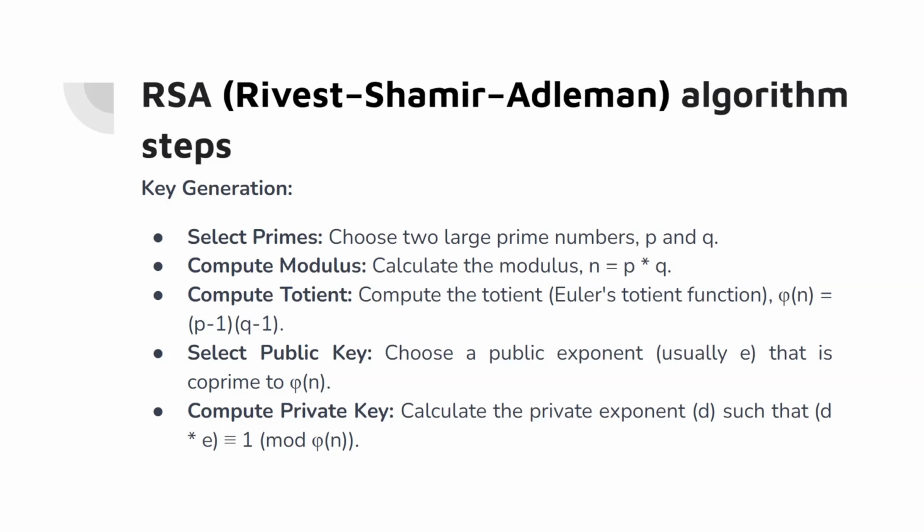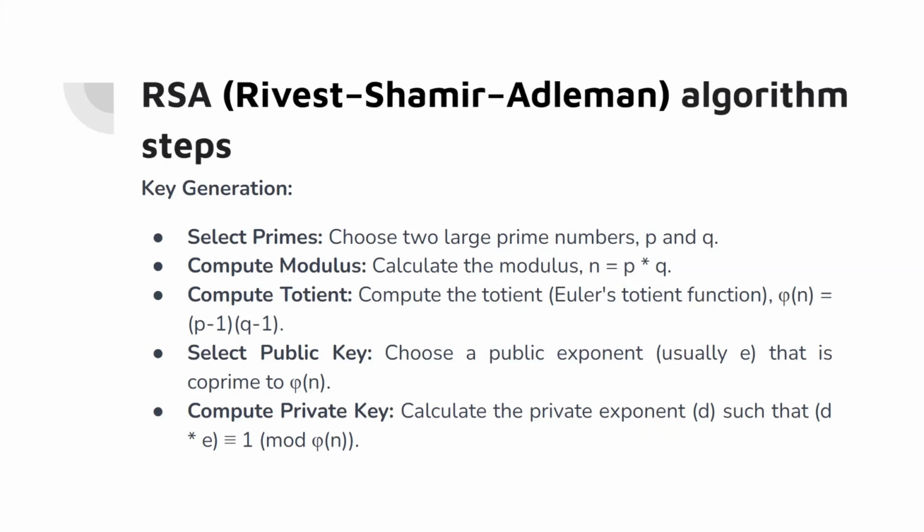It is considered secure as long as factoring large numbers remains computationally infeasible. The key length is crucial for the security of the RSA. A longer key length provides higher security, but also increases the computational complexity.